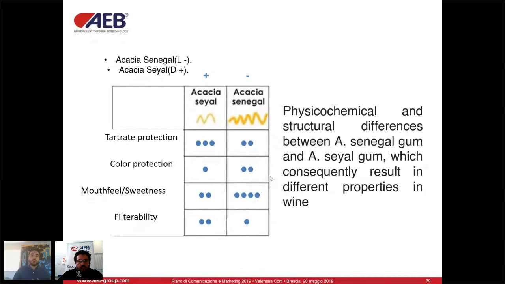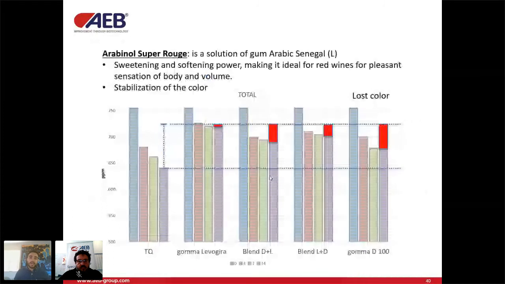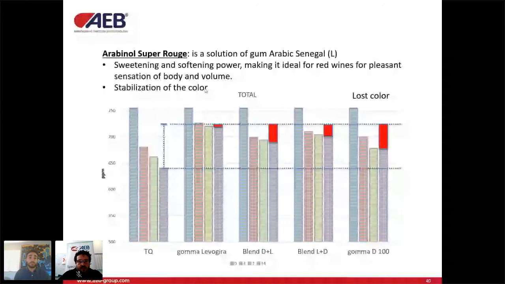So here is a study with our Arabinol Super Rouge, which is 100% Acacia senegal. This one was the control wine, and this was the Arabinol Super Rouge.